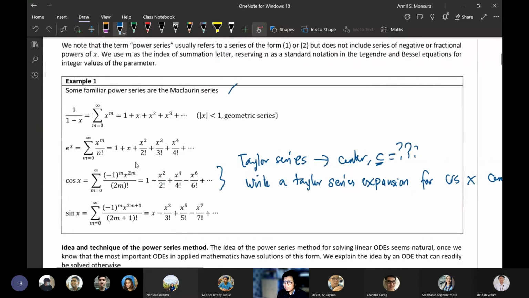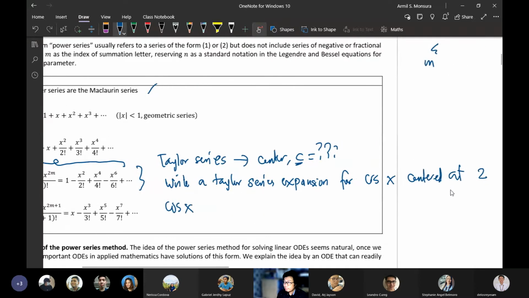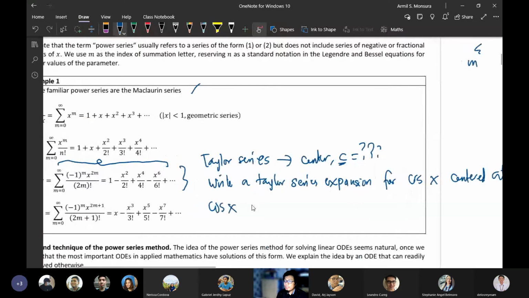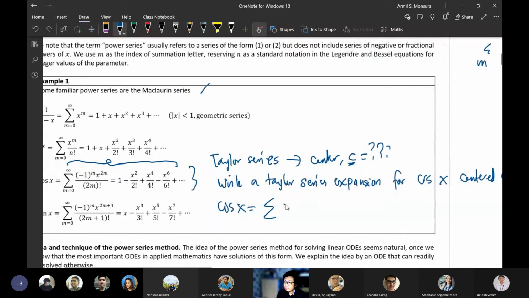Ang gagawin nyo lang is that, yung nandito sa right side, lahat ng x dyan, papalitan nyo lang ng x minus 2. So, what will happen is this. Yung Taylor series expansion nyo for cosine of x centered at 2 can be written as summation of -1 raised to m, x minus 2 raised to 2m, divided by 2m factorial, for m equals 0 up to infinity.